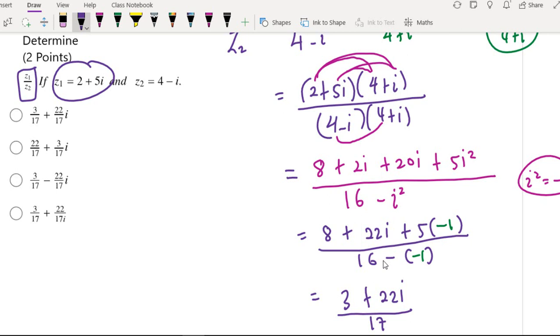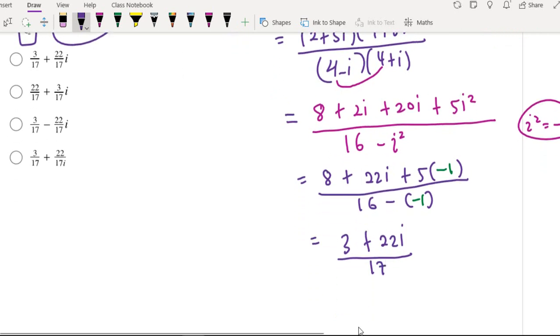Okay, your answer is supposed to be separated between real part and imaginary part. So 3 over 17 plus 22 over 17i. Check the option. 3 over 17 plus 22 over 17i. So the answer is this part. Settled.